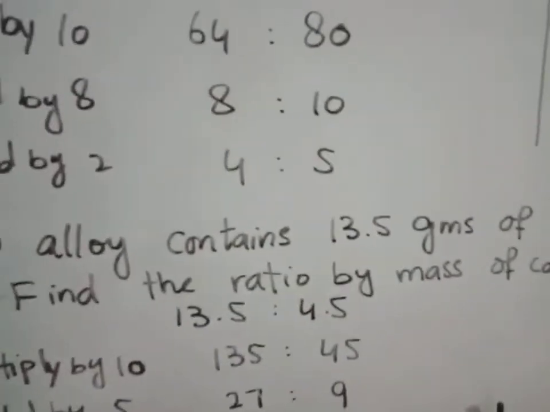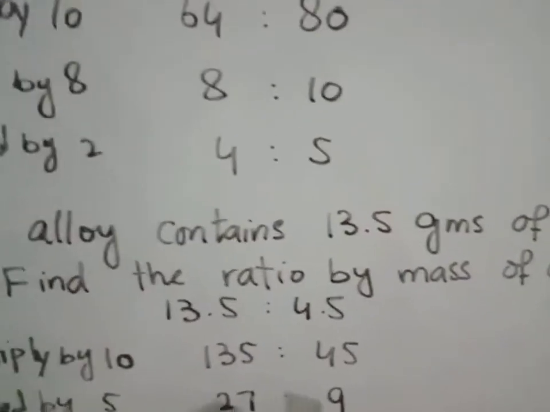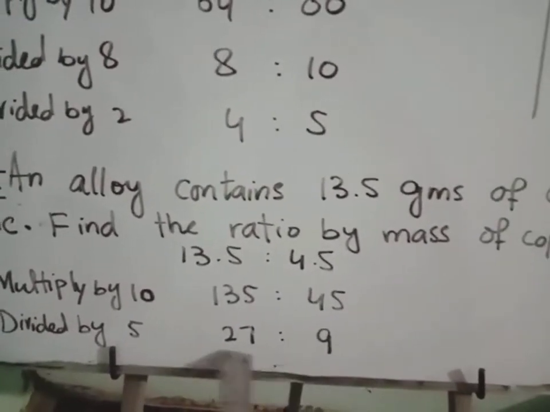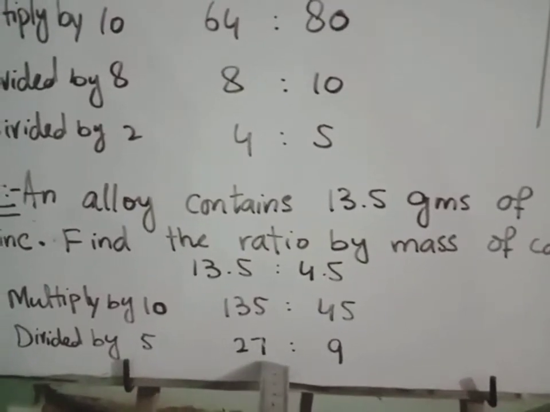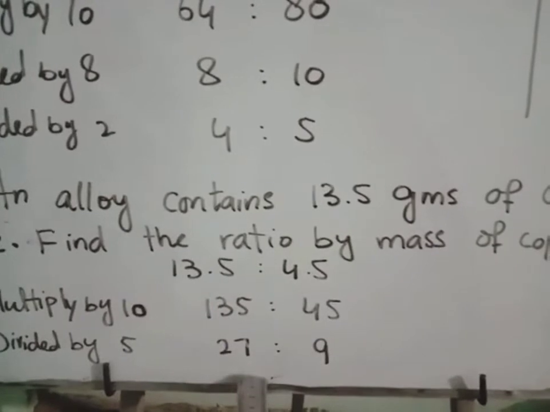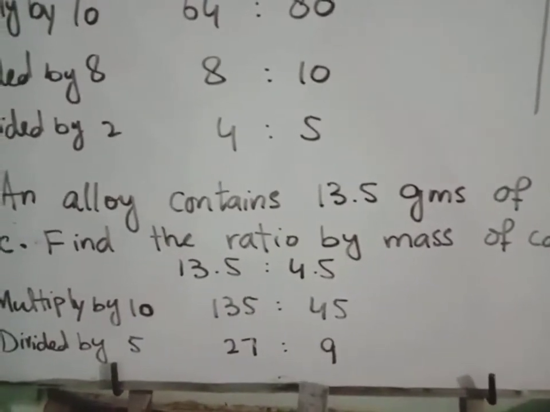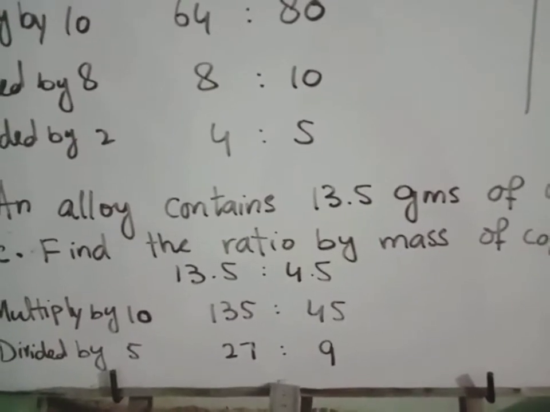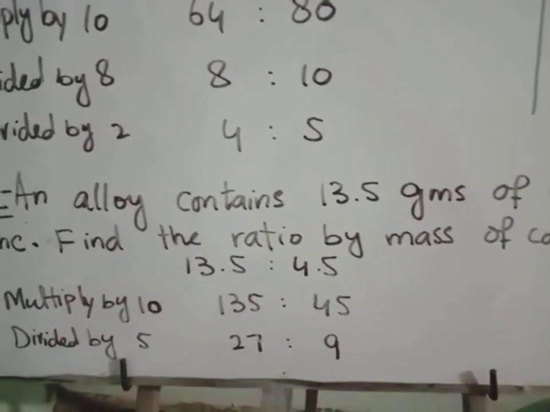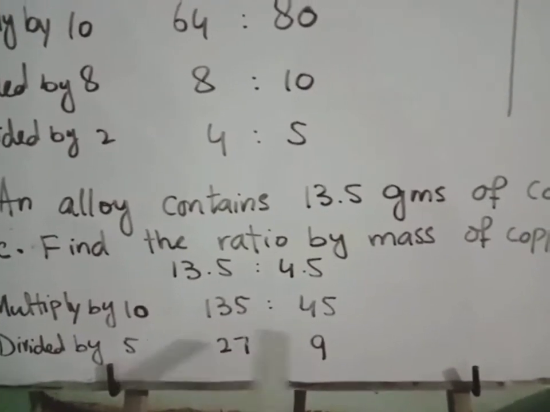Now we have divided by 5, but this is not the simplest form of this question, because these values can be divided further by a number. Which number is this? It is 3. In the table of 3 and also in the table of 9, these two values are divisible.